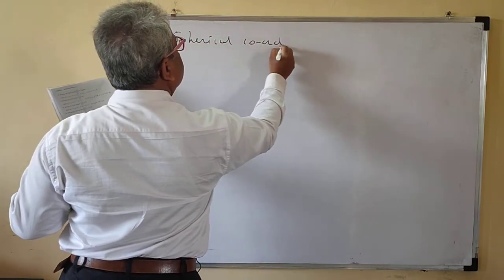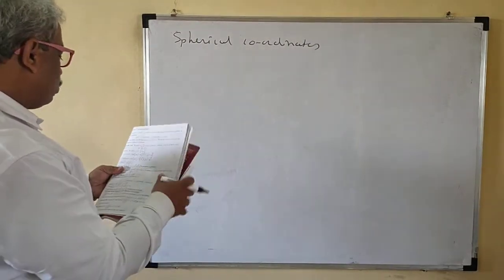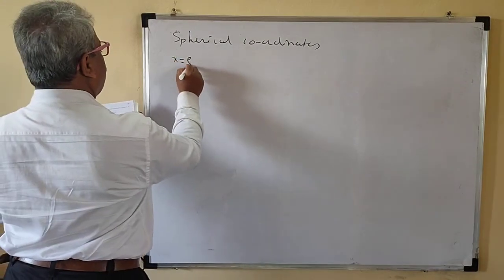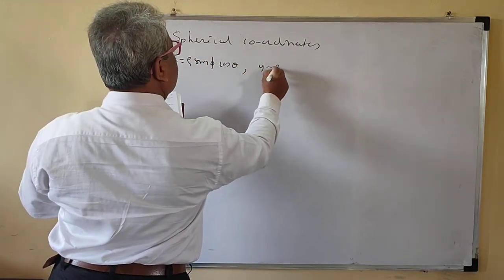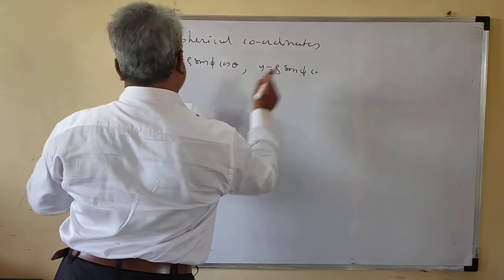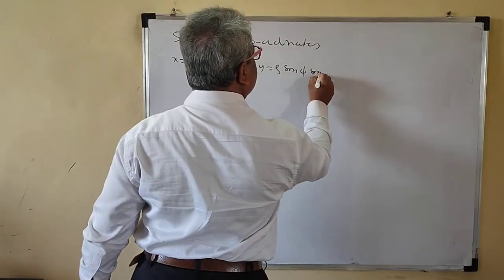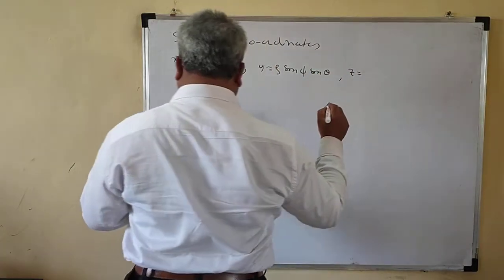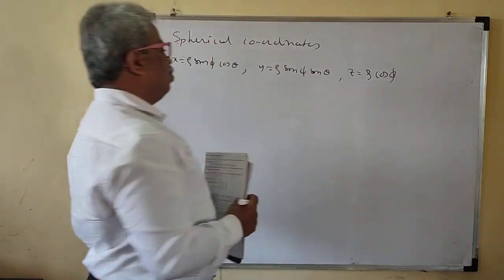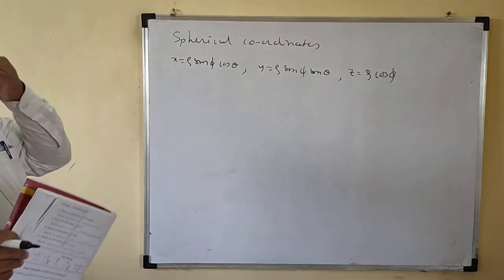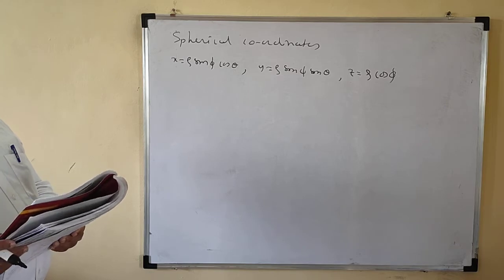The spherical coordinates, remember this: x is equal to rho sin phi cos theta, y is equal to rho sin phi sin theta, and z is equal to rho cos phi.